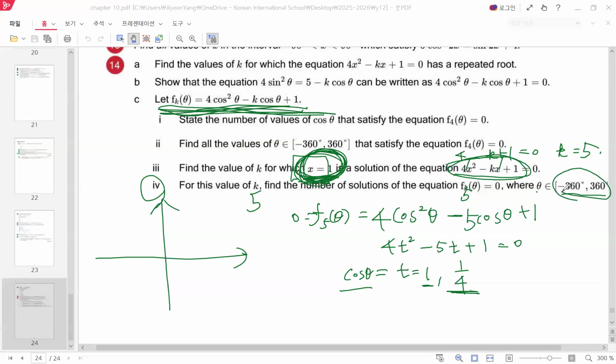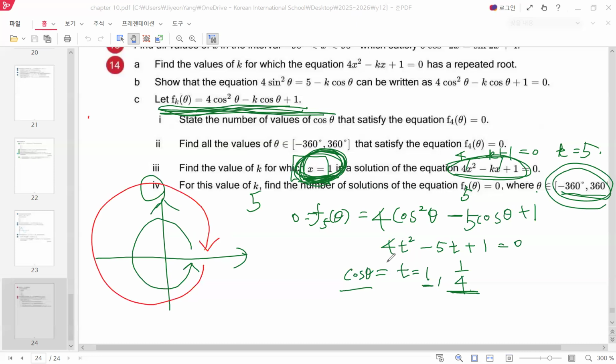One turn positive direction, one turn negative direction. Students, do you remember where cosine theta equals 1? If you don't remember, it's okay because you can use your calculator. Theta equals 0.